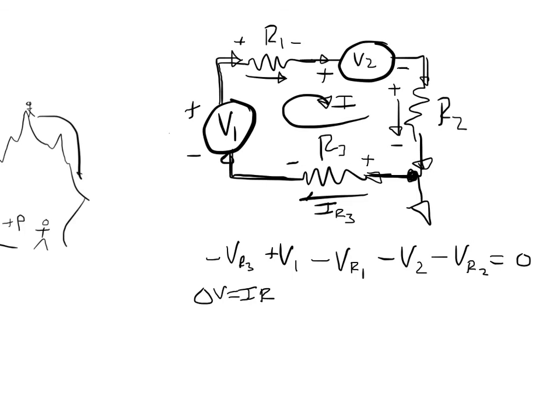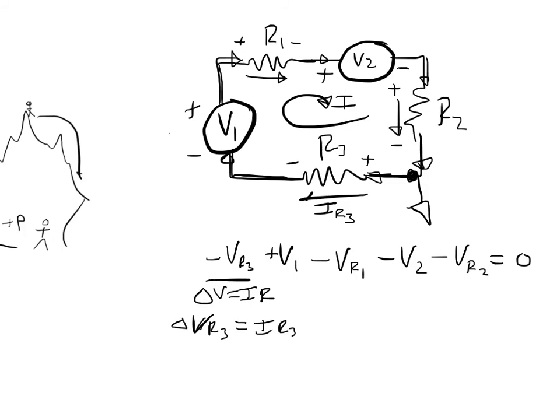So the delta V across this resistor should be IR, or the delta VR3 should be IR3.